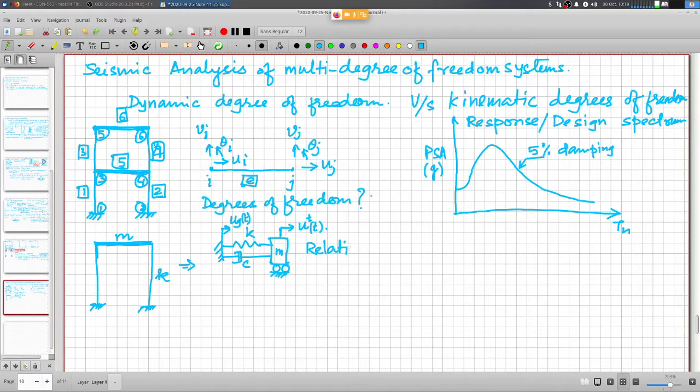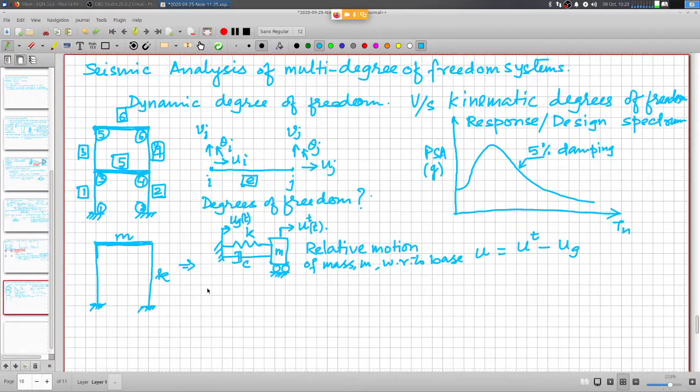So relative motion of mass m with respect to base. So let's say u is equal to the total motion of the mass minus the base motion.